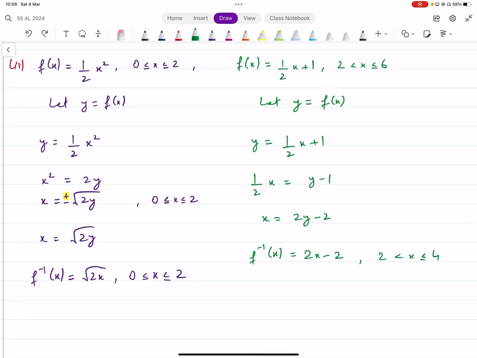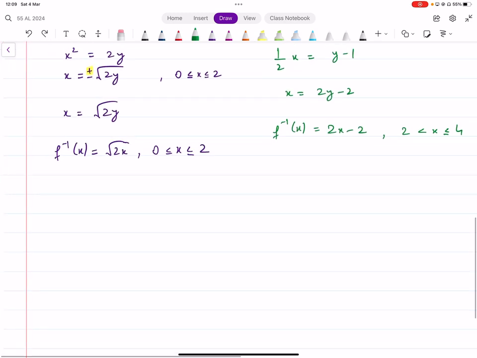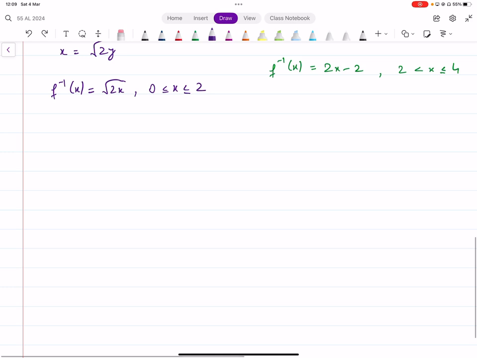Now a lot of times what they ask you for is कि आप इसको उसी फॉर्म में लिखें जिस फॉर्म में आपका ओरिजिनल फंक्शन लिखा हुआ था. आप इसको इस तरह से लिख सकते हैं. अब वो नोटेशन यूज करना जरूरी नहीं है. यू कैन यूज दिस नोटेशन एज वेल एंड दैट्स ओके. f inverse of x equals square root of 2x.